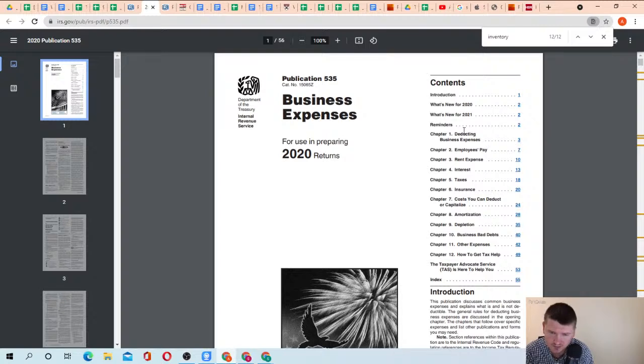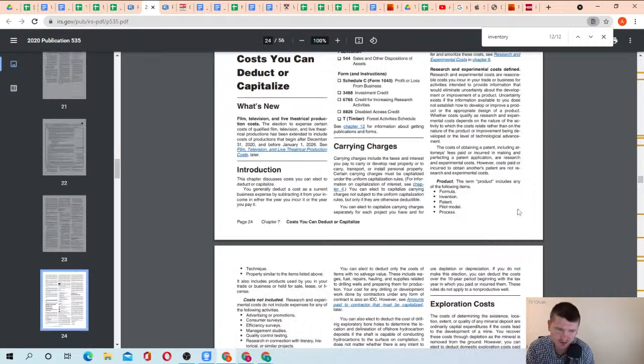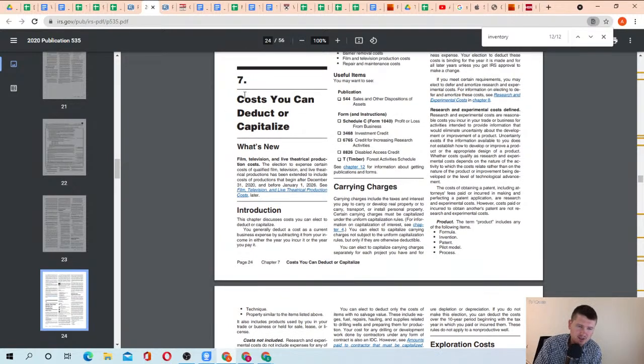Deducting business expenses, costs you can deduct or capitalize. So there is a bunch of codes. There is a separate paragraph about costs which we can deduct or capitalize. But let's see. Capitalize.